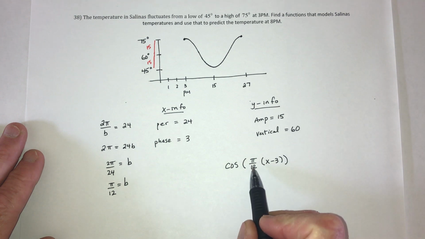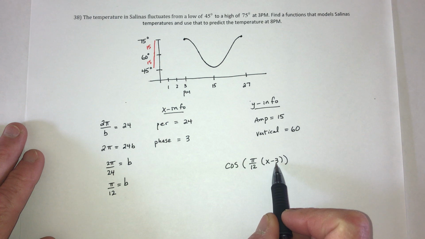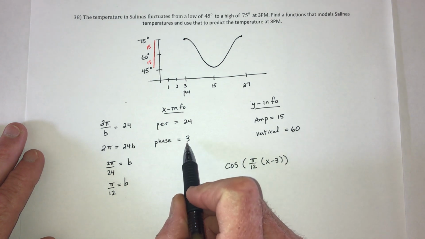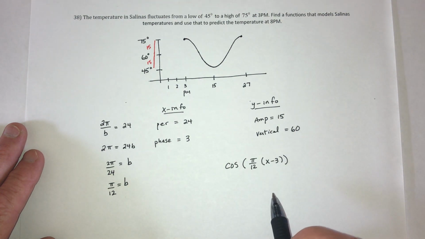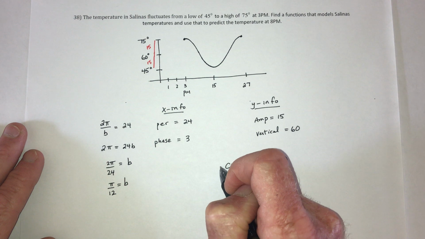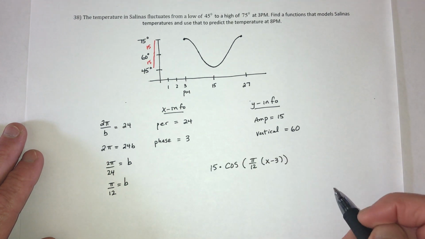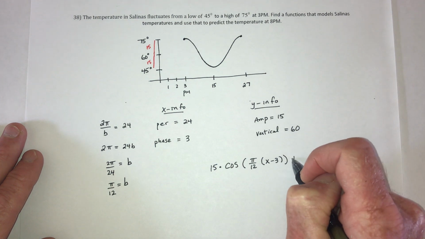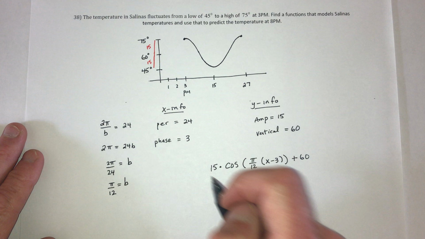So you can't just put pi over 12x and then without parentheses say minus 3, because this x minus 3, that's what gives you this 3 right here. So that needs to be in its own parentheses right there. And then on the outside, it gets multiplied by the amplitude. And then the vertical shift, either put plus 60 at the front or plus 60 at the end.